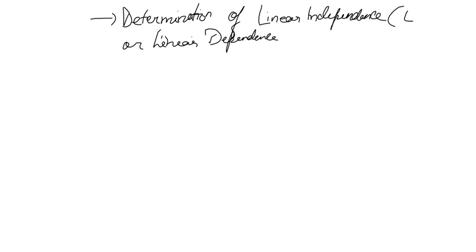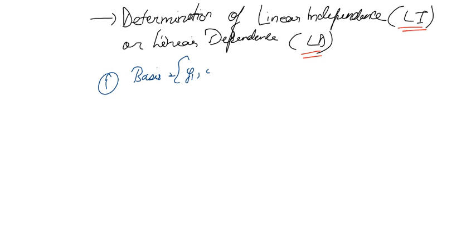Linear independence we represent as LI, and linear dependence as LD. So you have two methods, very easy. Either you can find, if you know the basis to be y1 and y2, this is the prerequisite.